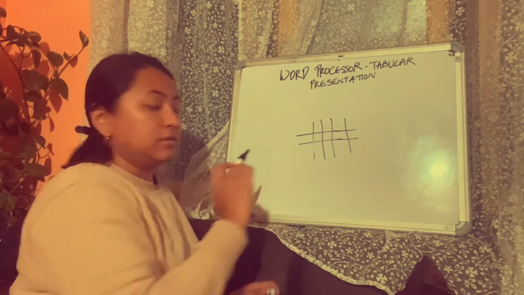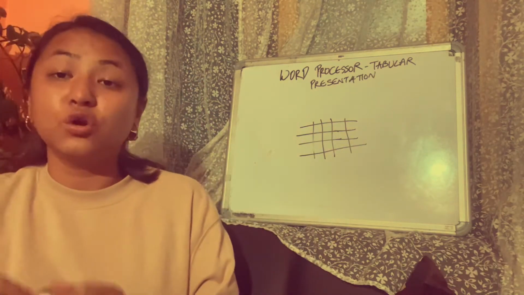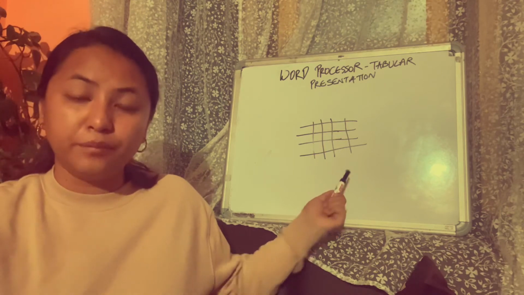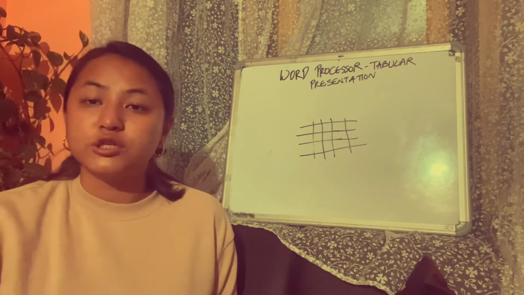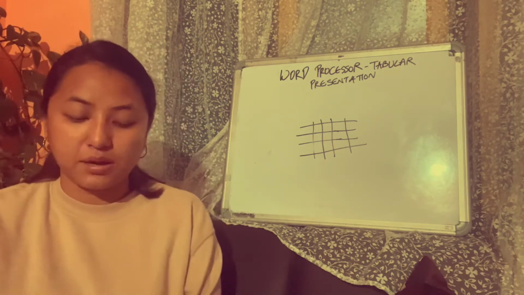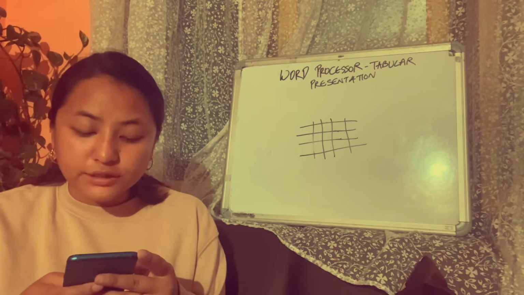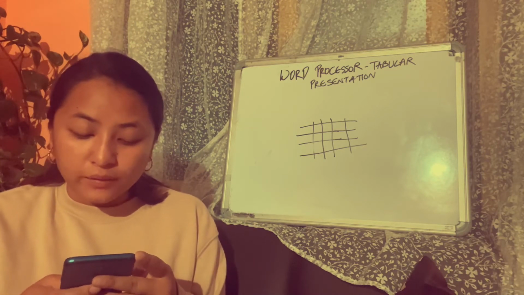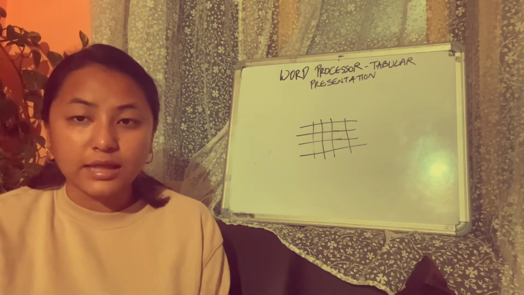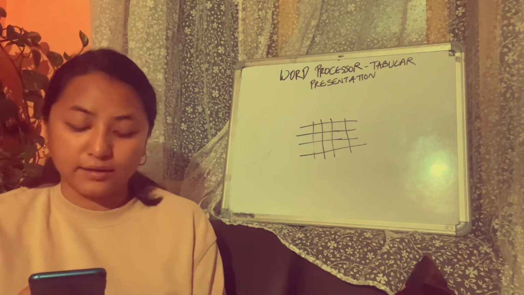Okay, this is your table. You represent your information in this figure by putting in text, pictures, images, data, etc. A column is a vertical series of cells in a table. The column is the vertical line and the row is the horizontal line.